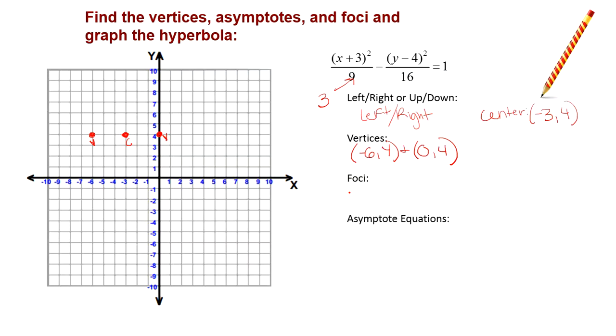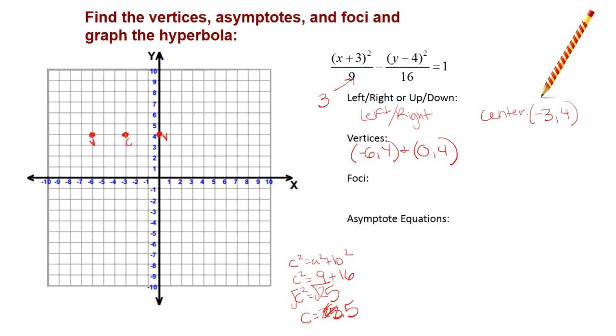Now we need to find our foci. Remember the Pythagorean theorem: c squared equals a squared plus b squared. So c squared equals 9 plus 16, because b is 4. So c squared equals 25. If I take the square root of both sides, c is 5. So my foci are 5 units away from the center.